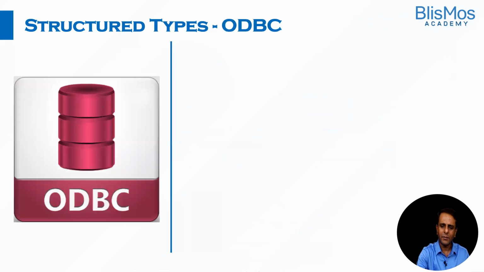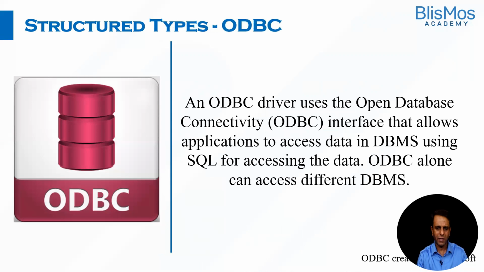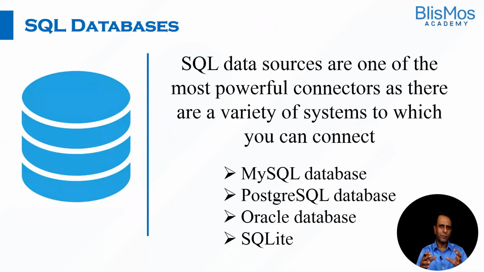On the other hand, ODBC is a driver, that is, Open Database Connectivity, that allows the applications to access the data in a DBMS using SQL for accessing the data. ODBC alone can access the different database management systems. It was created by Microsoft. Now we understood JDBC and ODBC.